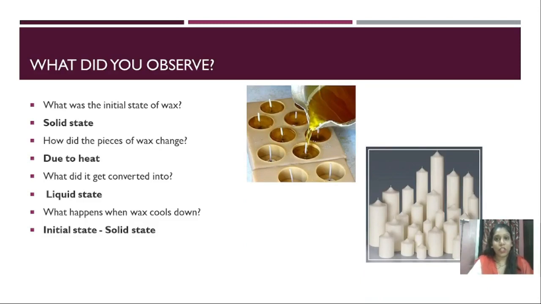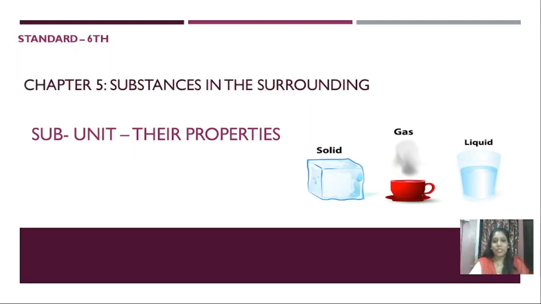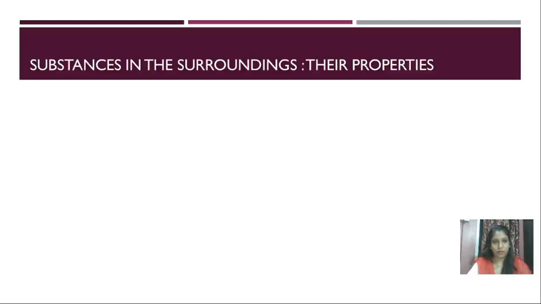And in the second image, you can see a solid state, a hard state of wax. So when any substance change from one state to another state, that process is called the change of state of the substances.